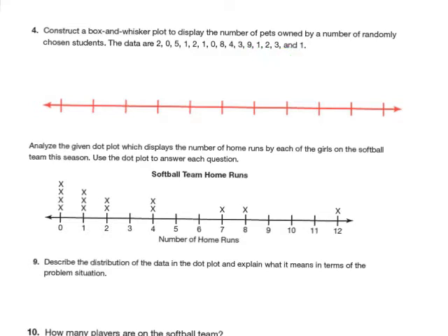There's 15 of them, okay? Let's see how many points here. 1, 2, 3, 4, 5, 6, 7, 8, 9, 10, 11. There's only 11 of these. But look at this. The lowest number is 0, and the highest number is 9. See that?